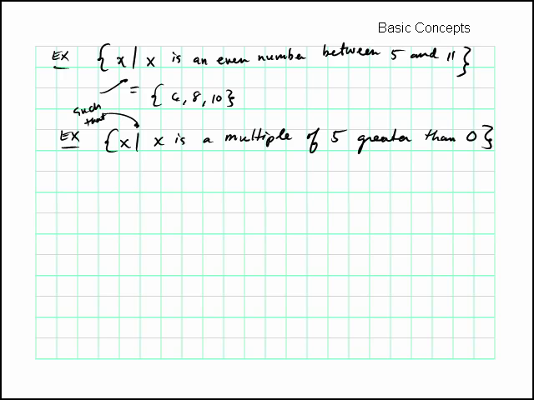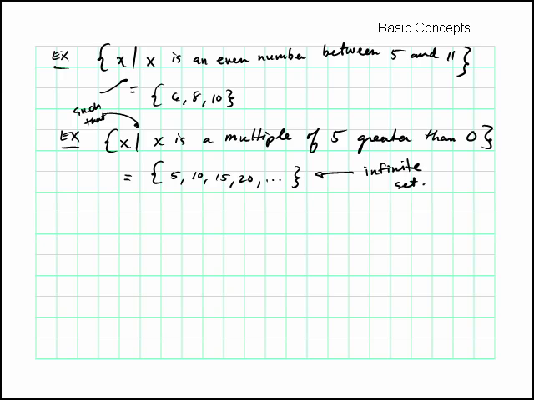Now, multiples of 5 that are greater than 0 would be 5, 10, 15, 20, and so on. And so this would be the set 5, 10, 15, 20. Continuing in that fashion, I put some dots here like that, showing that it does go in this manner. Sets that go on like this forever, with an infinite number of elements, are called infinite sets. This is an example of an infinite set.